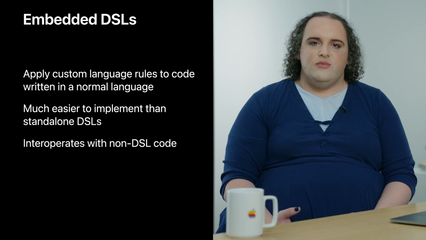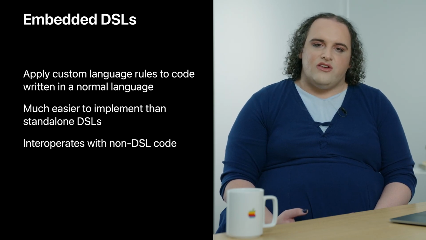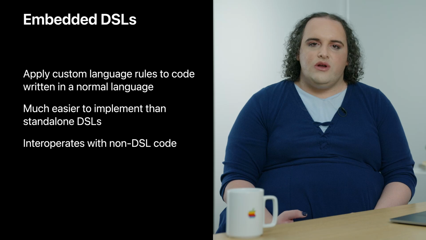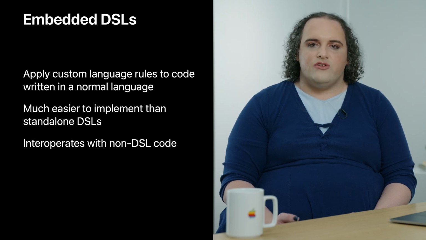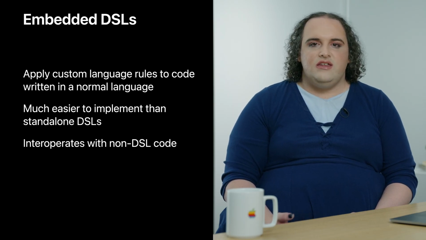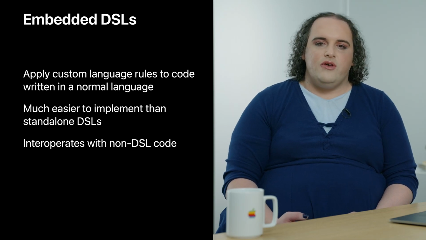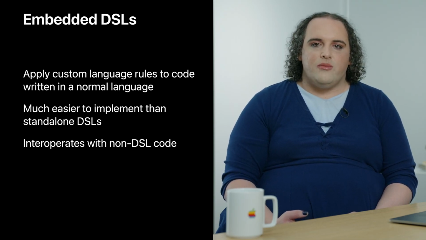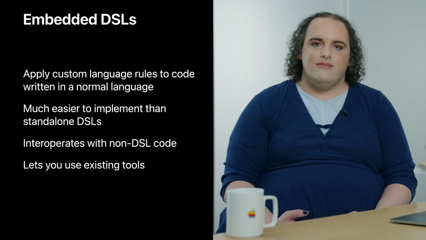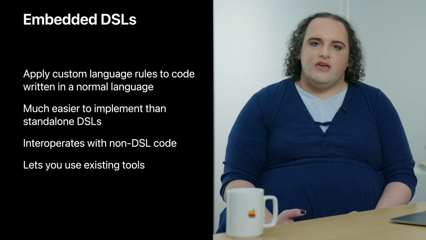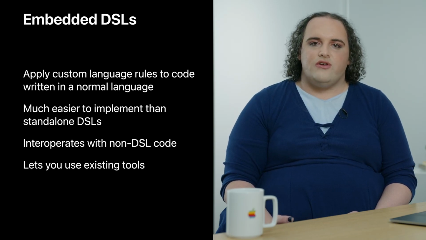It also makes it easier to mix the DSL code together with non-DSL code. Often, you want to use a DSL to solve a problem that's just one part of a much larger app. If you're writing a standalone DSL, you have to design a way to call from one language to the other. With an embedded DSL, the parts written in the DSL look like normal code to the rest of the app, so you have a much easier time interoperating. An embedded DSL can also use the tools designed for the host language.